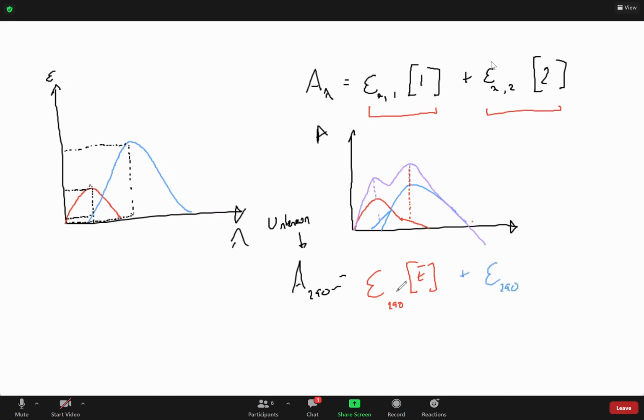I'm just using red and blue. Times the concentration of butanol, which you again won't know yet, and you'll get another equation at 330. So from those, you should be able to solve them simultaneously.